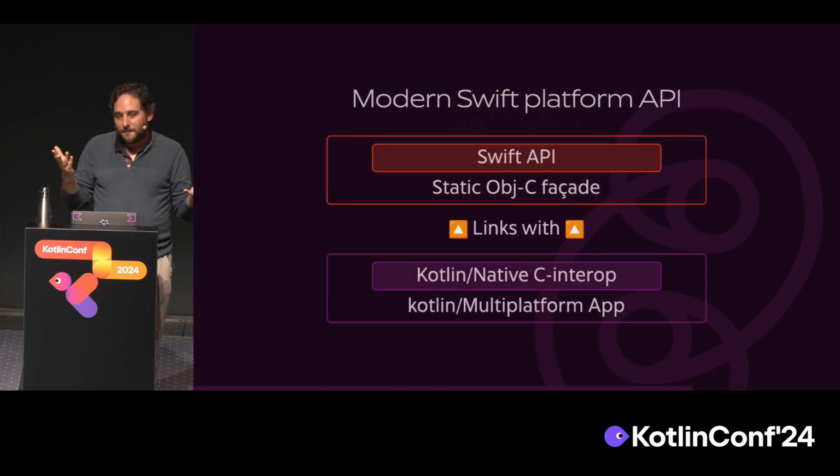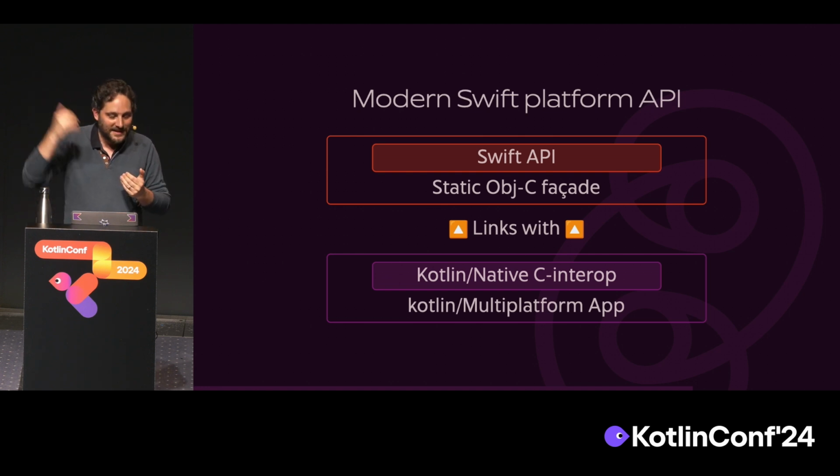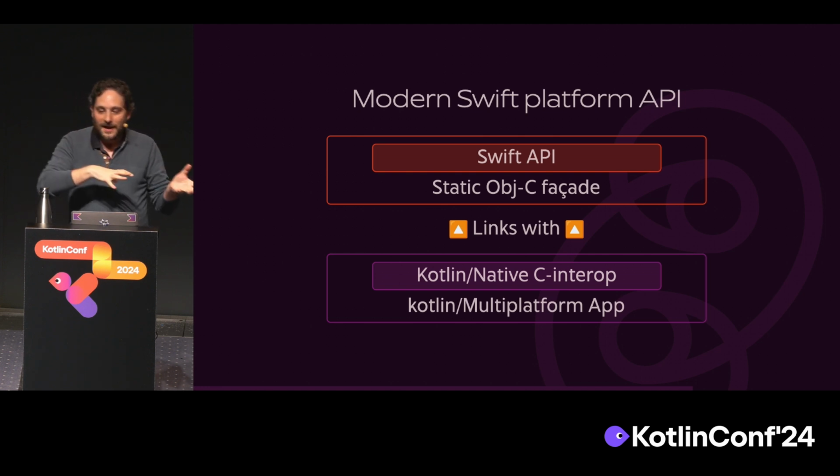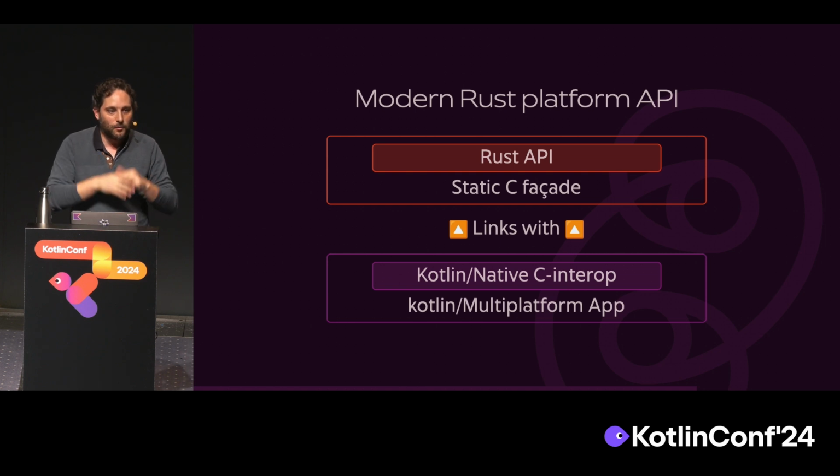We have a Swift API, we write a static Objective-C facade that accesses this Swift API, and then I can integrate it into my Kotlin/Native. And basically, it's the same with Rust, for example. I'm not going to show you Rust, but take any language that is capable of building a static library with a C header, and you can integrate that into Kotlin/Native with the exact same process I've shown you.